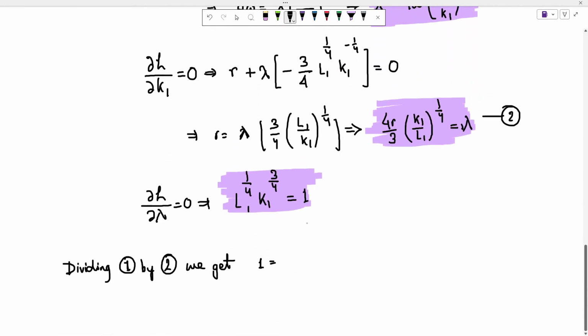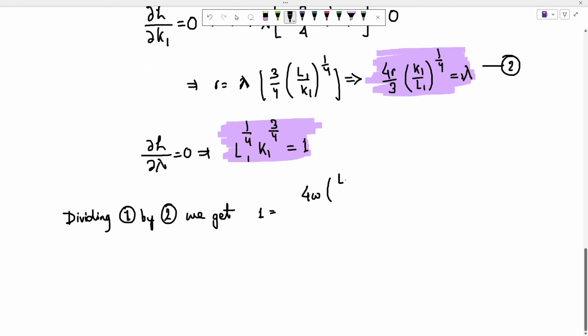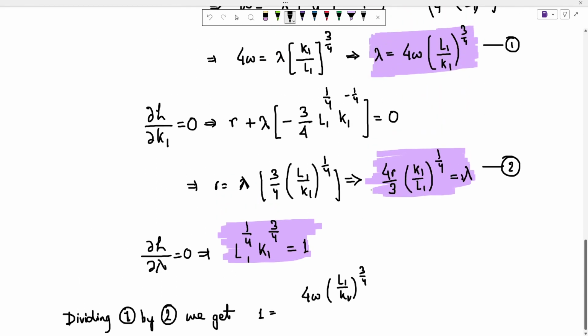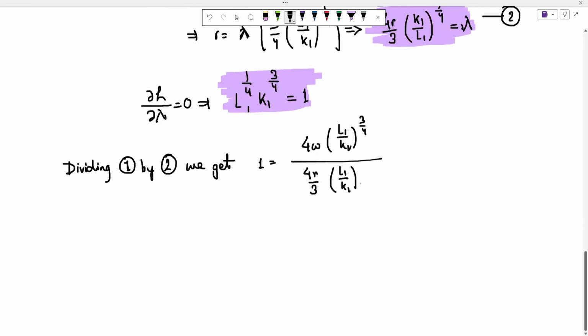So 4 times, let's write it in terms of K1 by L1 so that we can cancel things out. So that is L1 by K1 to the power 3 by 4, divided by 4R by 3 times L1 by K1 to the power minus 1 by 4, right?